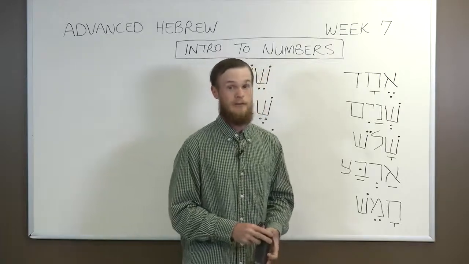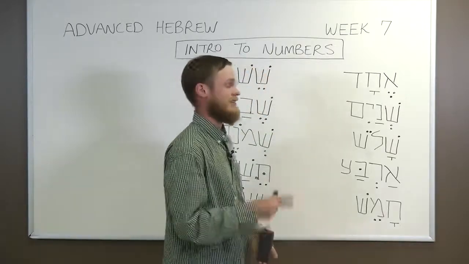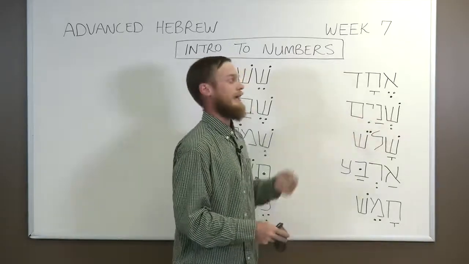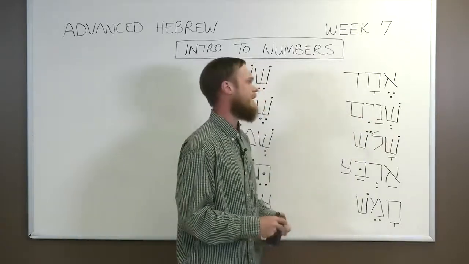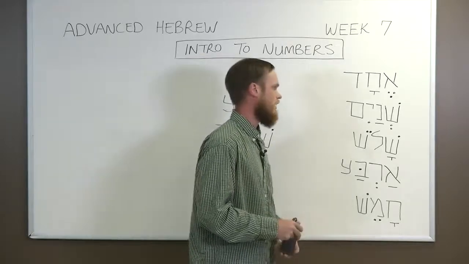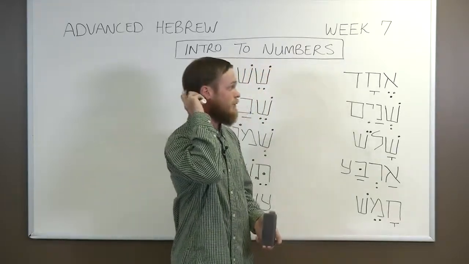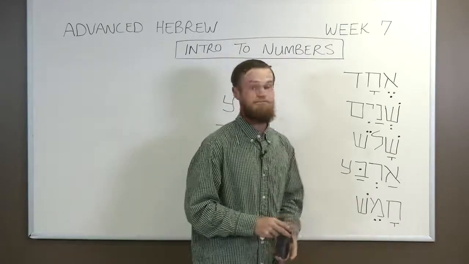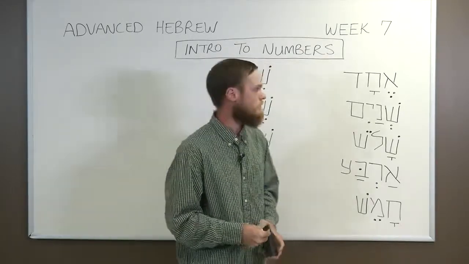We can affix that to the end of a noun, and it means exactly two. In the case of the number two, it in fact has that ending. So we can't help but match the ending of shenayim with the ending of whatever noun we're modifying.